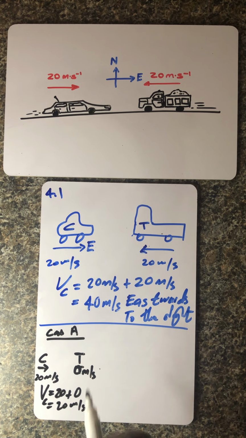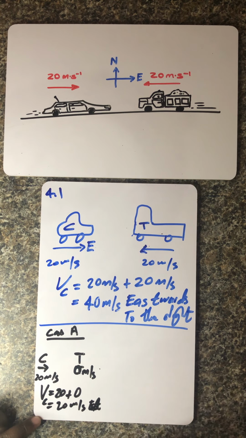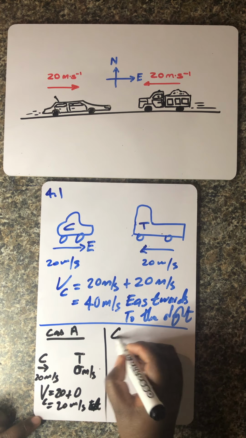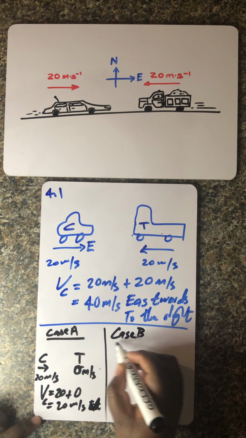Because we're talking about the car, in which direction is this car moving? Obviously to the right. So that's when you can say eastwards.